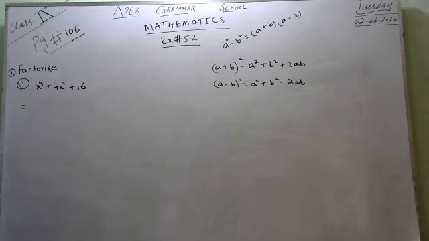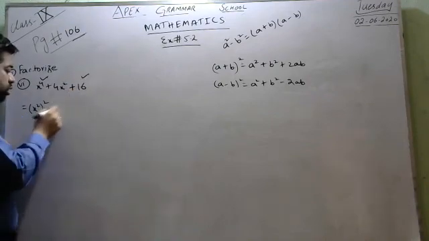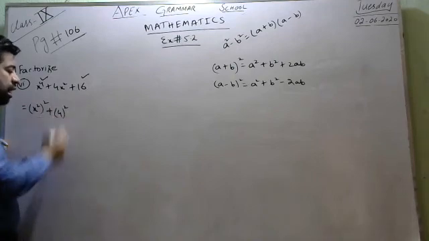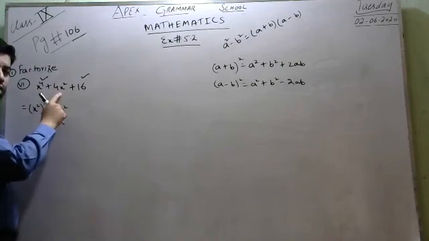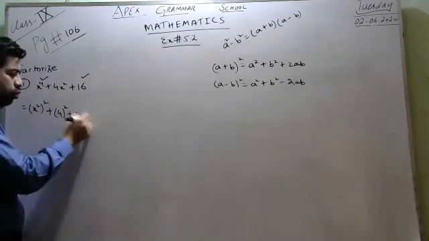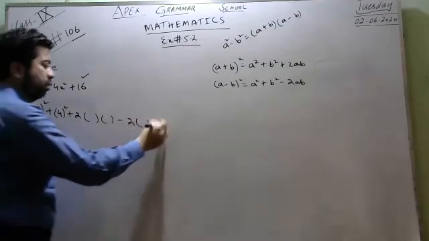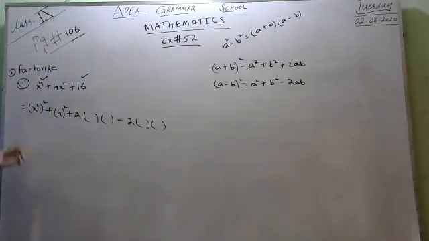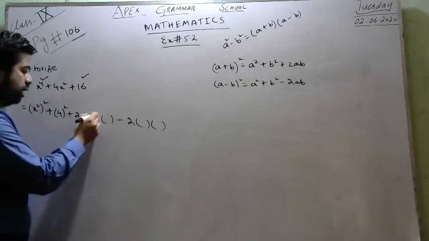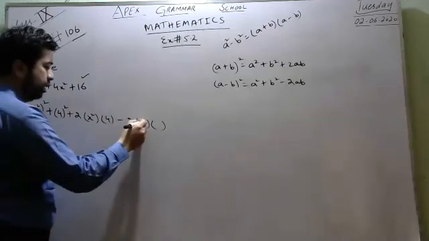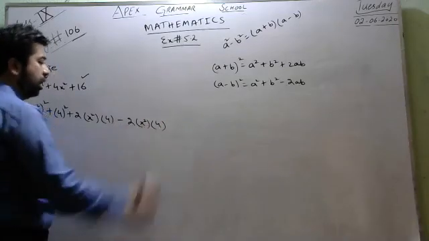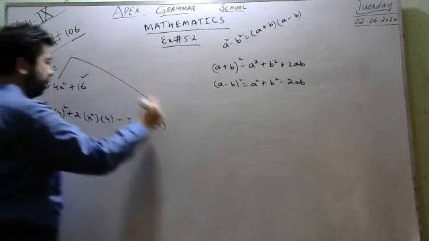You need the highest power, so x⁴ is (x²)². This is a² plus this is 16, which is 4². After that, you have to make plus 2ab and then minus 2ab because this does not fulfill the formula. The value of a here is x², and the value of b here is 4. Again, same thing here, and then this 4x² will appear all the way around.